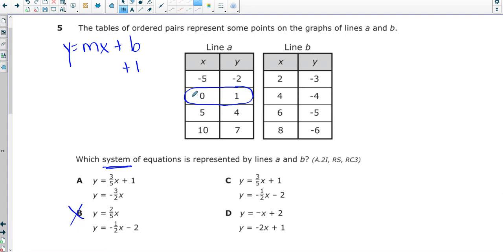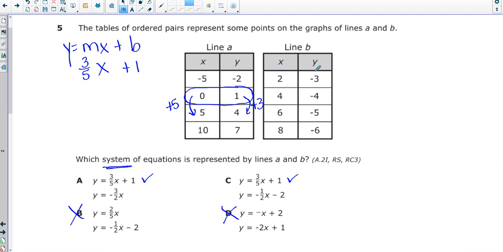Let's go from 0 to 5. That's +5. And from 1 to 4, we're going up by 3. So our slope is 3/5. When you look at your answer choices, letter A is good. Letter C is good. And letter D, you're out.